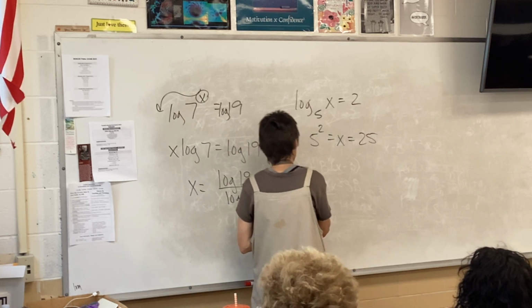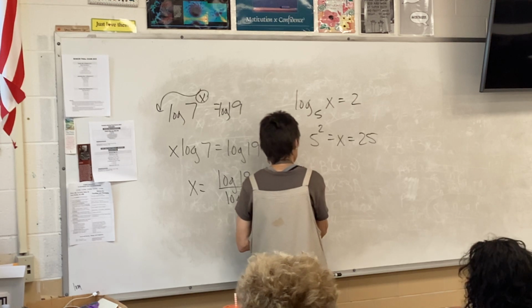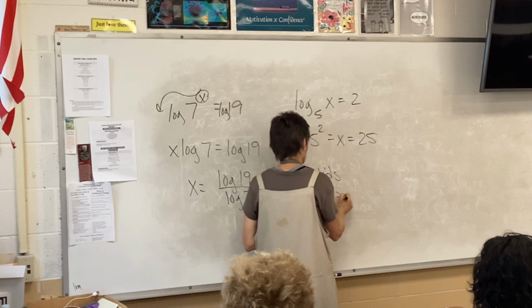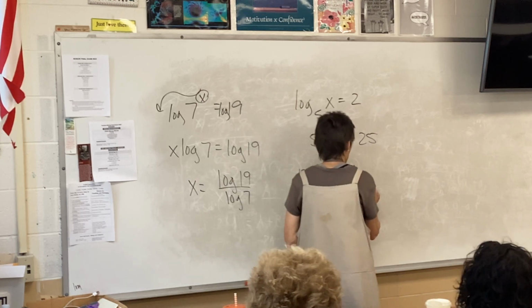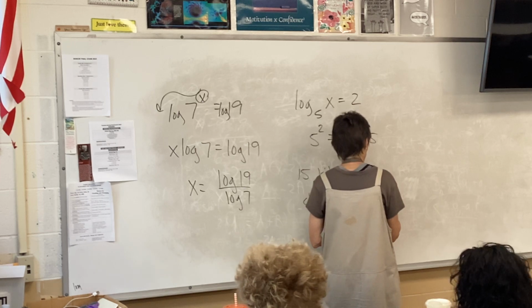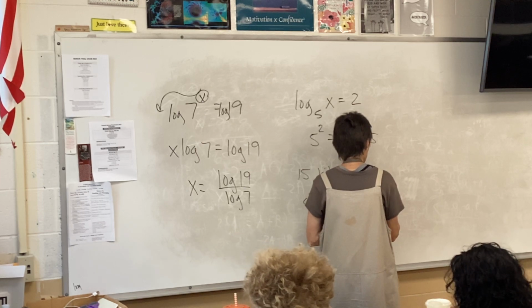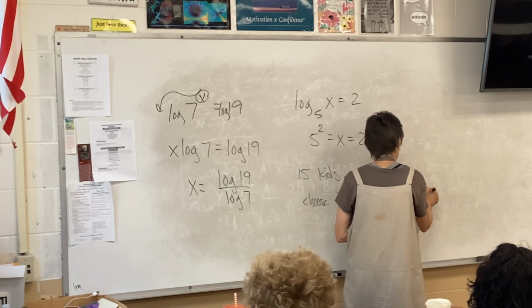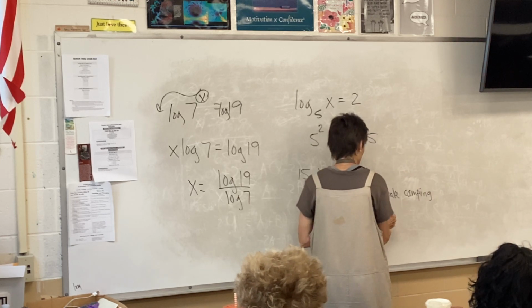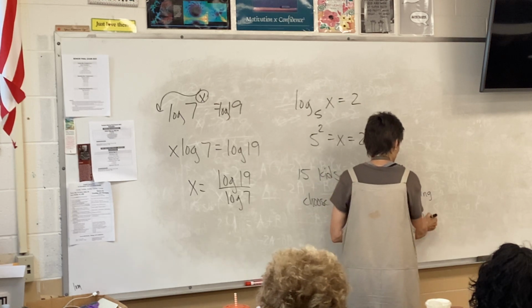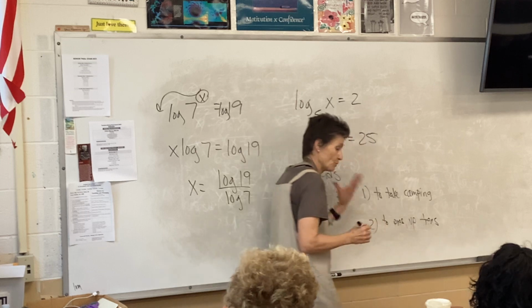So if you have, let's say, 15 kids, and you're going to choose 3. If you're choosing them to take camping, or if you're choosing them to be president, vice president, and treasurer, those are different problems.